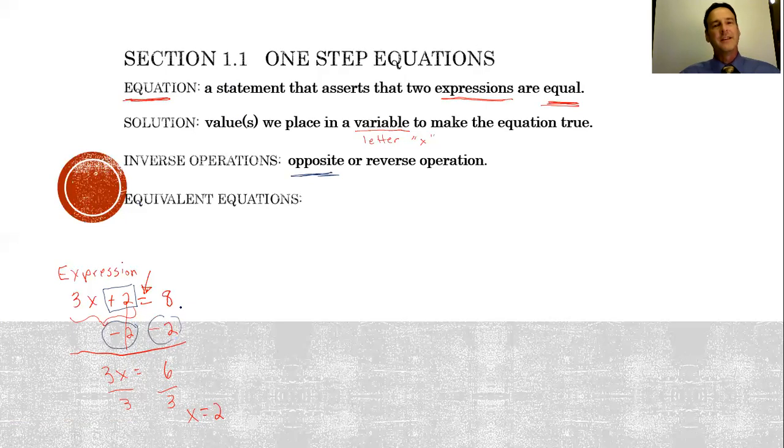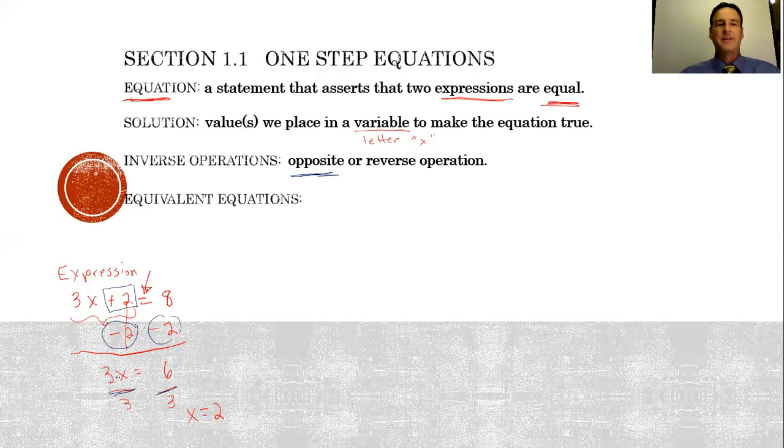Okay, so that is the inverse operation for addition. This 3x implies that it's really a 3 times x, okay? And the opposite of multiplication is this symbol here, which is division, okay? And so that's what inverse operations are.